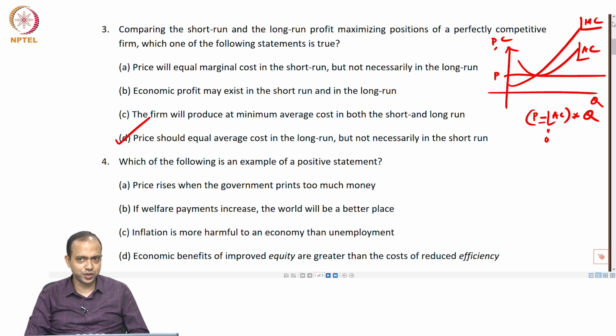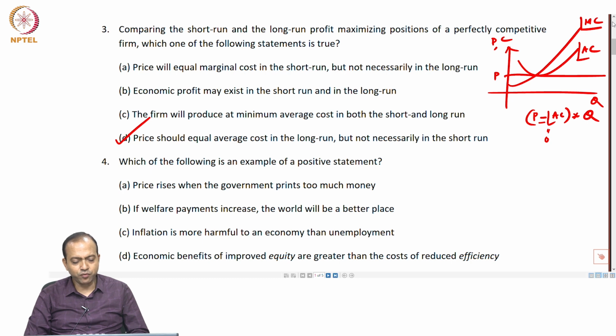Who will pay for this? Who will be better off? Who will be worse off? That I do not know. So, that is why it is some kind of value judgment. Some economists may suggest this, but that needs to be proved. Okay. So, a normative statement can be proved or disproved.